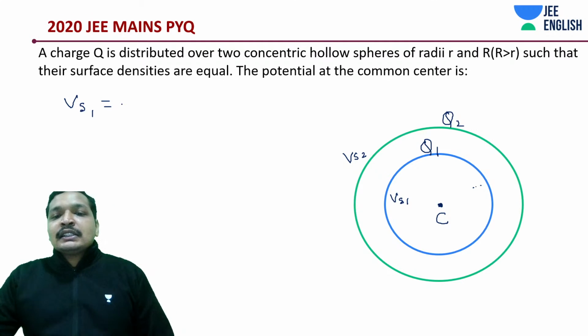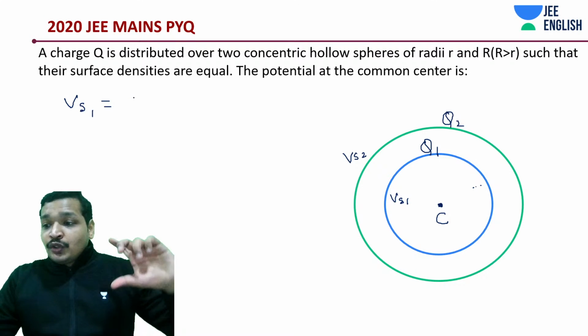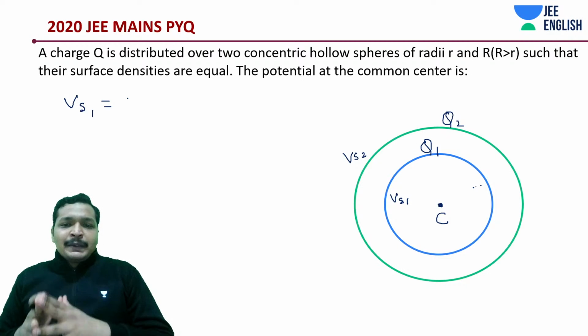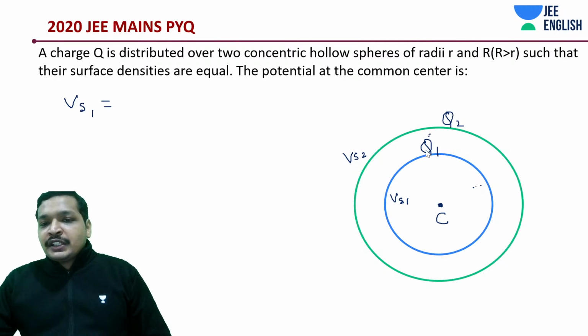What is the surface potential of the first shell? It's actually basically Vs1 plus Vs2, but just to show you that thing. So students, conceptually just speaking, what is the surface potential on shell 1? Let me clarify this thing before we dive into this.